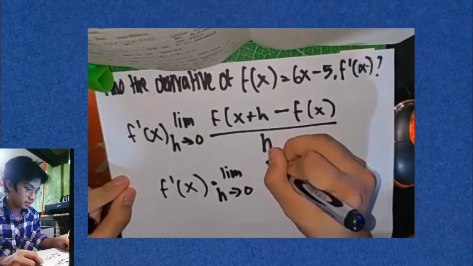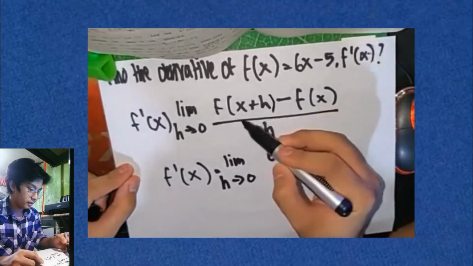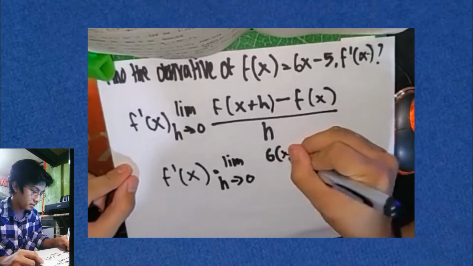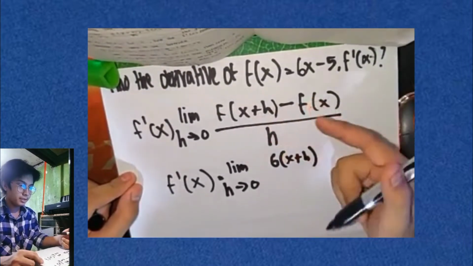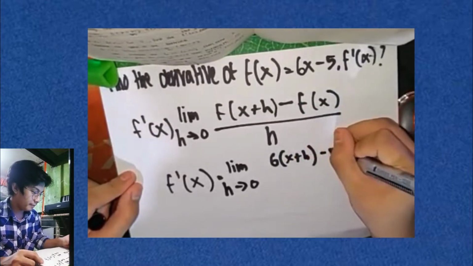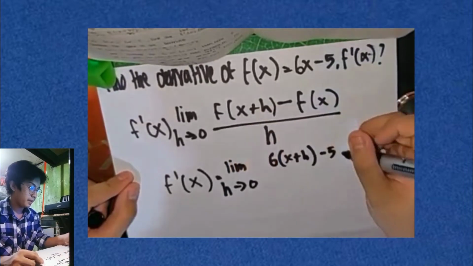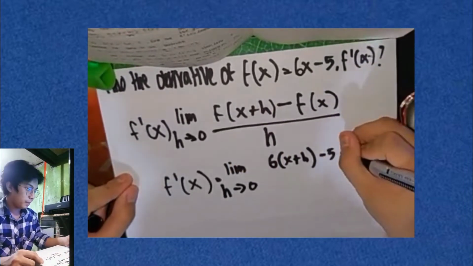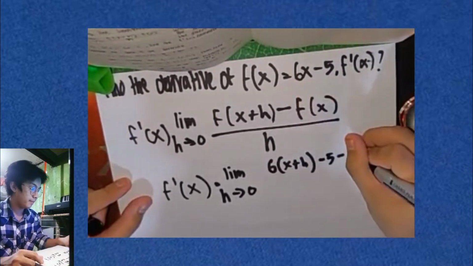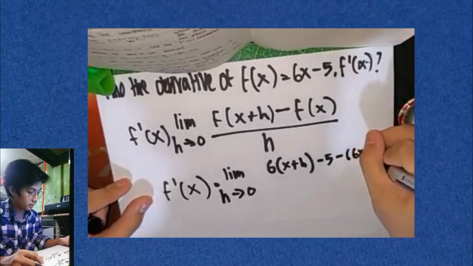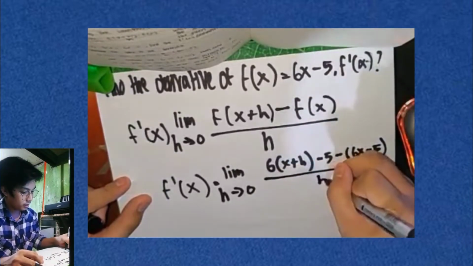Our f is 6 parentheses, copy the x plus h, then copy the minus 5, since the value of x is x plus h. Then minus the f of x. Our f of x is 6x minus 5, parentheses, 6x minus 5, all over h.